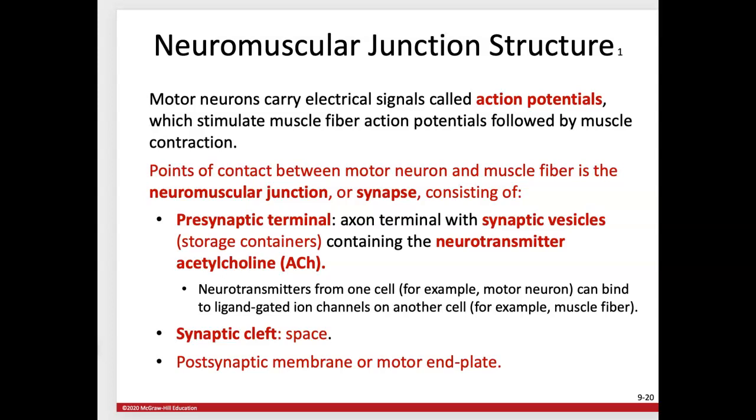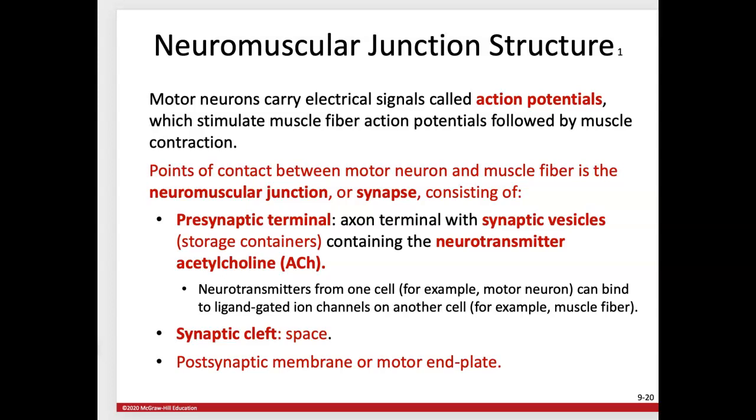Neurotransmitters from one cell, for example a motor neuron, can bind to ligand-gated ion channels on another cell, for example the muscle fiber. That electrical signal can't get from the motor neuron to the actual muscle.